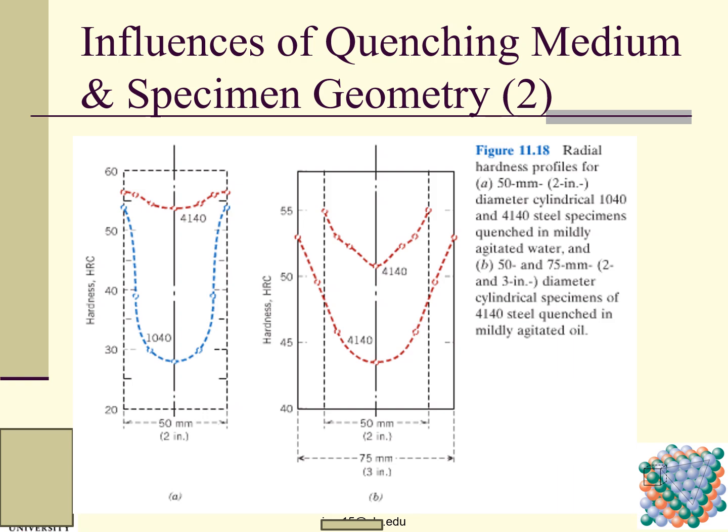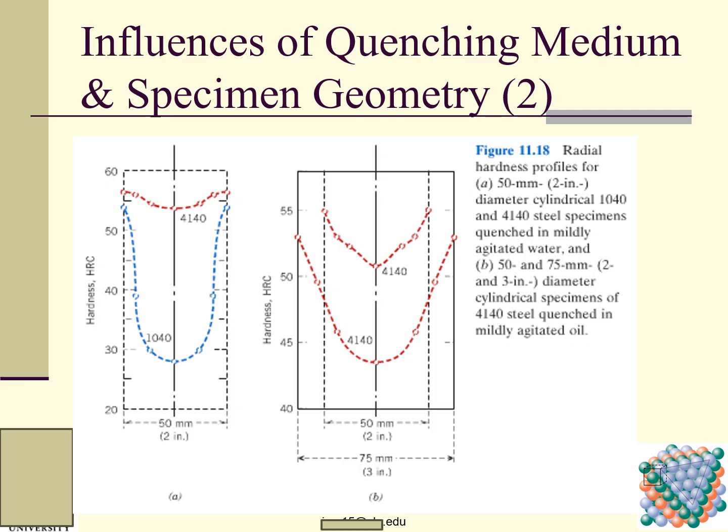But as you move across, you can see the radial hardness profile goes down. For A and B, a cylindrical specimen of 4145 steel quenched in mildly agitated oil.